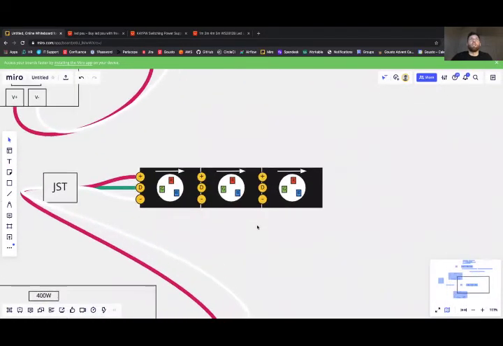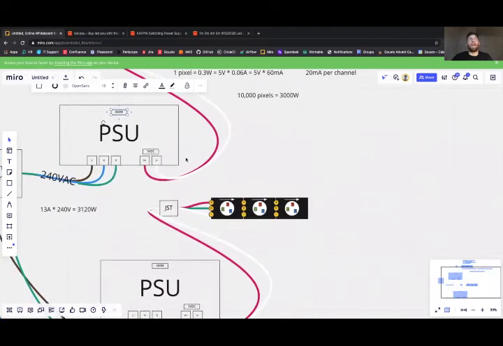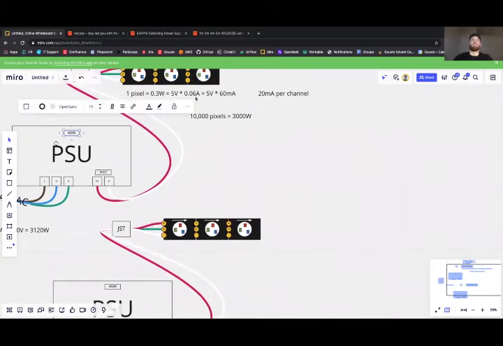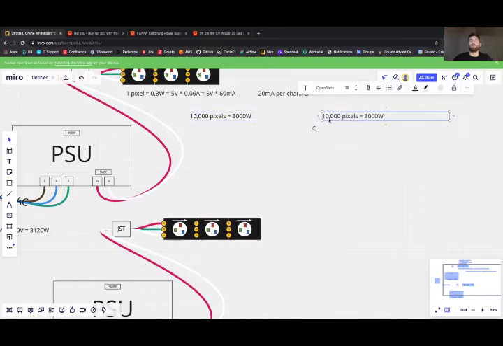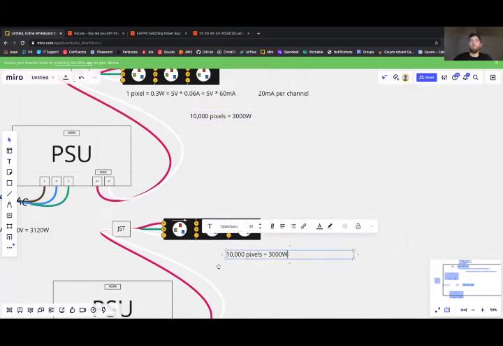So let's do one final calculation. Let's see how many LEDs we're allowed to plug in to a 400 watt power supply. So let's say we've got n pixels equals 400 watts. So what is n?